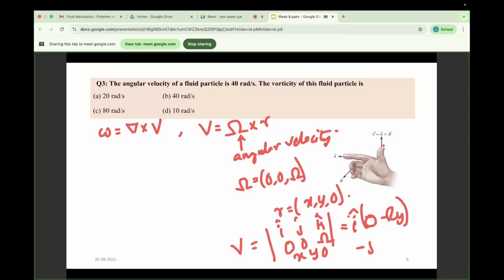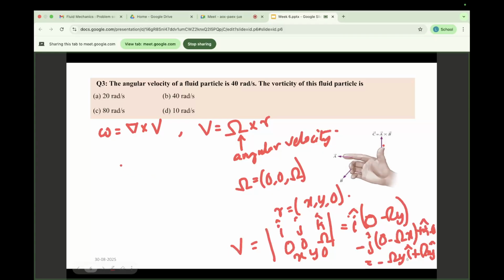Similarly, for z, anything is there, 0 minus this x, and for k, it should be into 0. So that is minus y i cap plus omega x j cap.